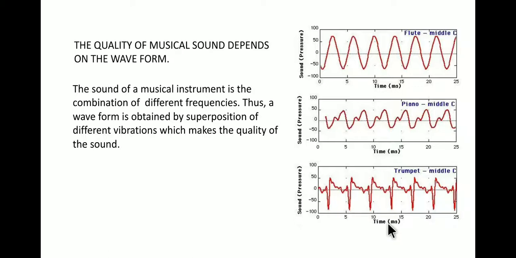Okay, so different vibrating bodies have different quality of sound. Why? Because they have different types of vibrations and different types of frequencies. For example, guitar will have different quality, violin will have different quality, piano will have different quality.